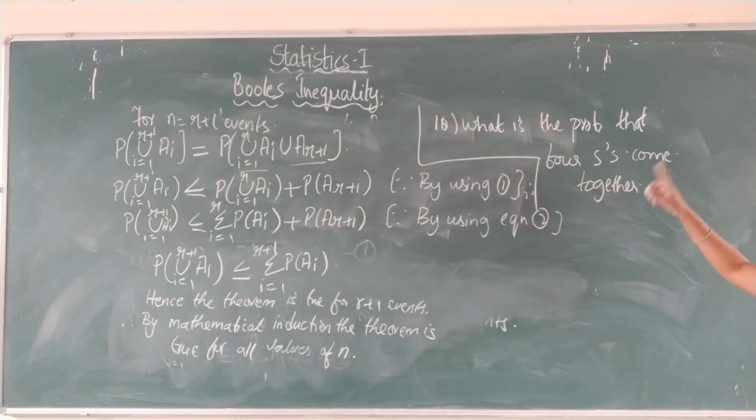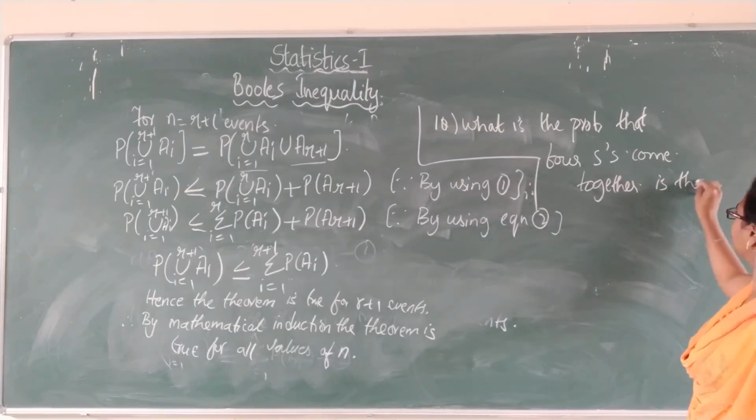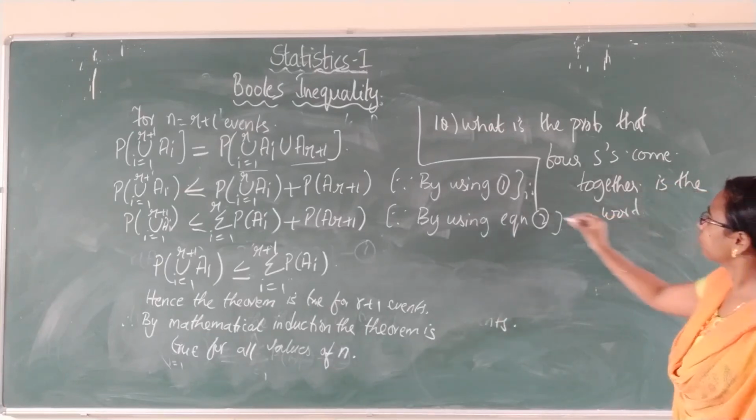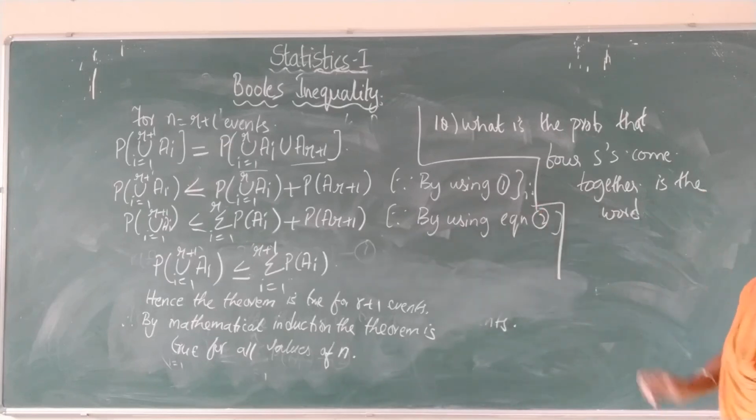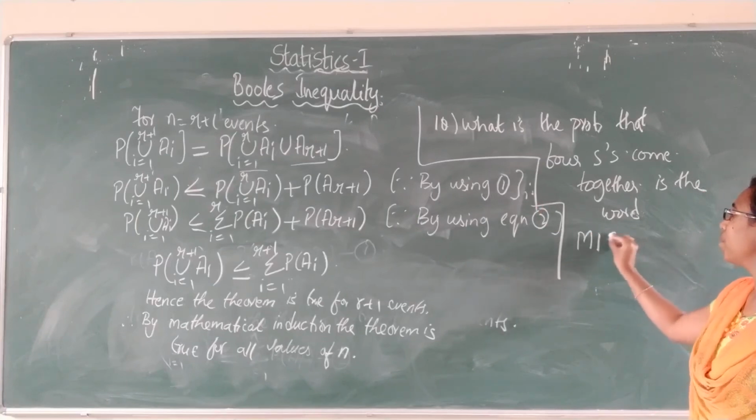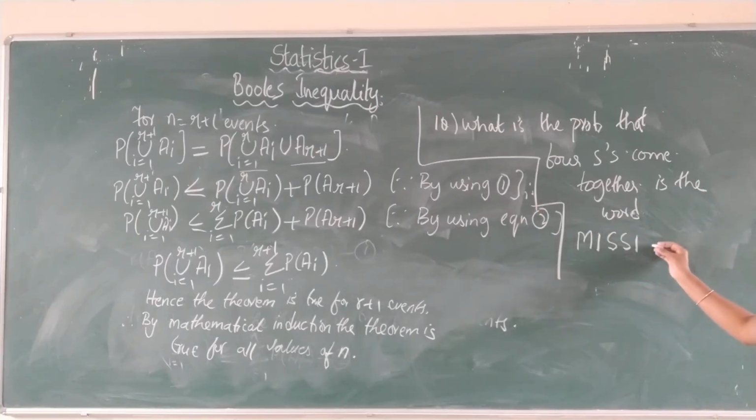What is the probability that 4 S's come together in the word, I think you all have guessed the word also, Mississippi. The spelling of Mississippi is M-I-S-S-I-S-S-I-P-P-I. So here we have 4 S's, right? What is the probability that 4 S's come consecutively, that is together, in the word Mississippi?